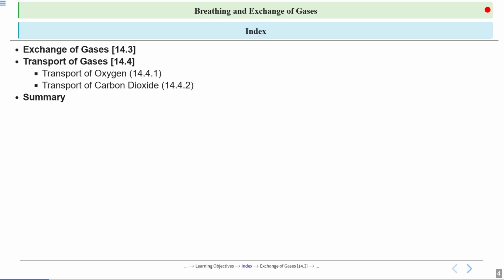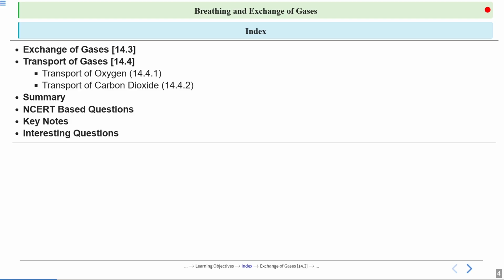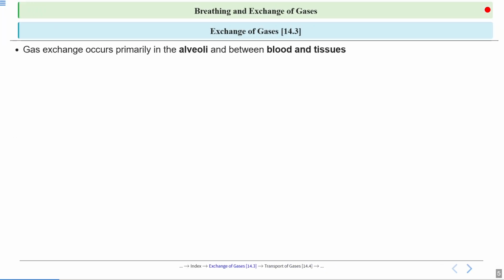Then we will summarize today's lecture, and there will be some NCERT based questions, so that also we will see. Some keynotes will be there and some interesting questions that you will solve. So let us start today's session.